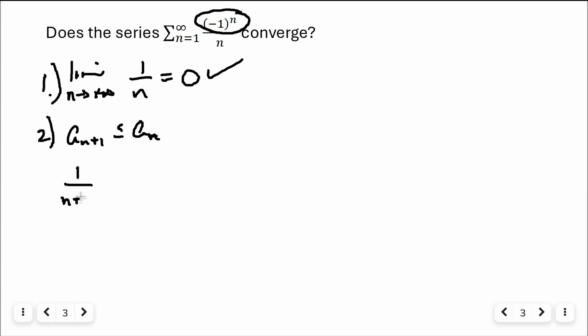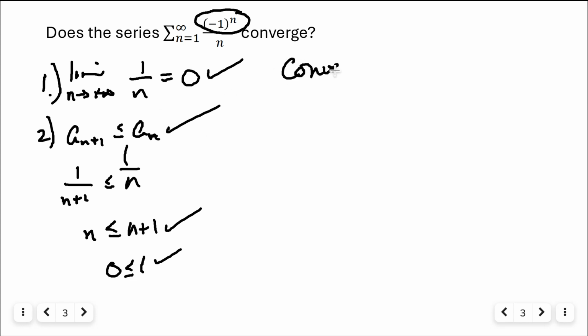So 1 over n plus 1 has to be less than or equal to 1 over n. That would mean that n has to be less than or equal to n plus 1, which it certainly is. Or I could solve it: 1 is greater than or equal to 0. Okay, that's true also. So this converges by the alternating series test.